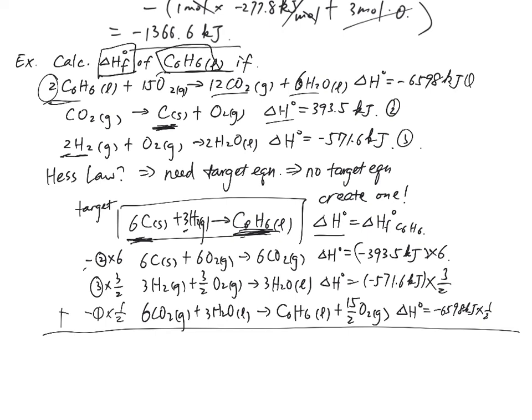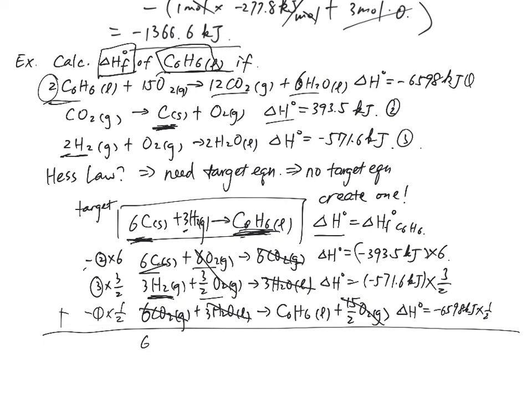Okay, so let's see. There's the carbon, and that's 6 CO2 and 6 CO2, 3 water and 3 water, 6 oxygen, that's 12/2, and then 3/2, that's a total of 15/2. Guess what?